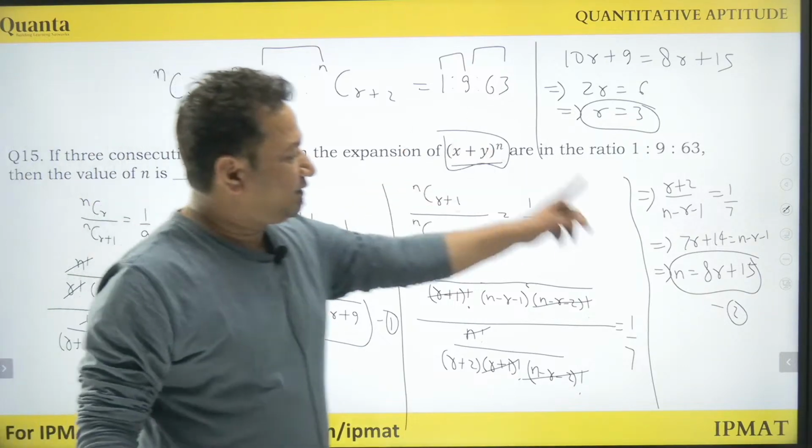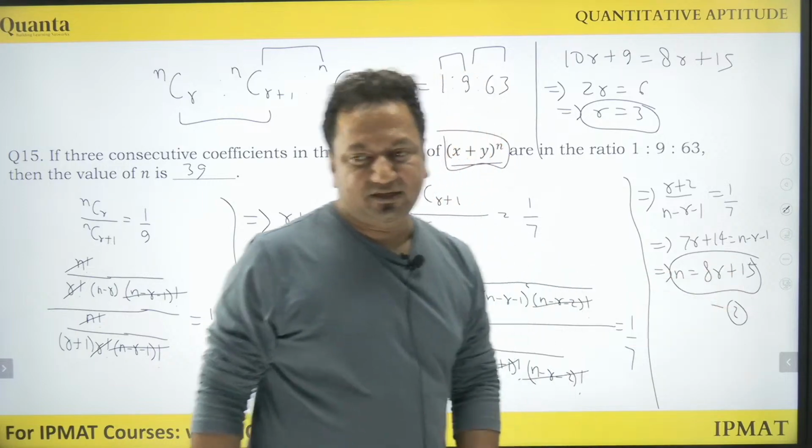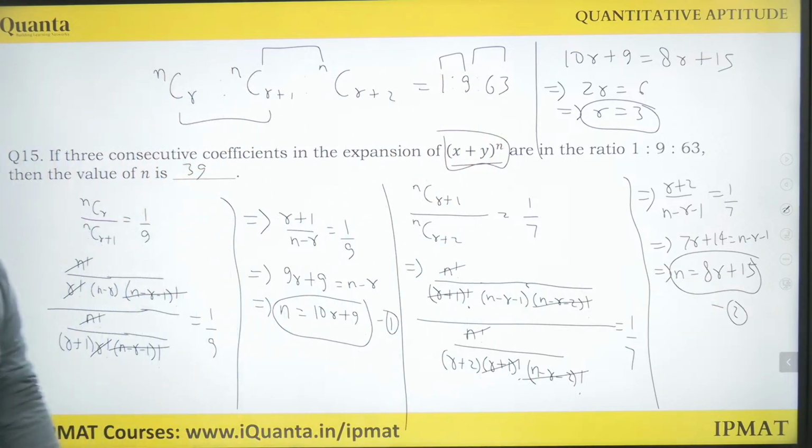If you put r here, 8 into 3, 24 plus 15 is 39 again. So we got the answer. Is that clear, everyone? Tell me in the comments. The catch to solve this question is expanding the terms this way, so that common terms get cancelled. Clear?